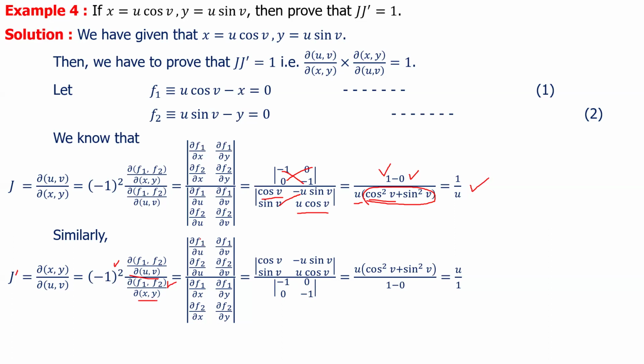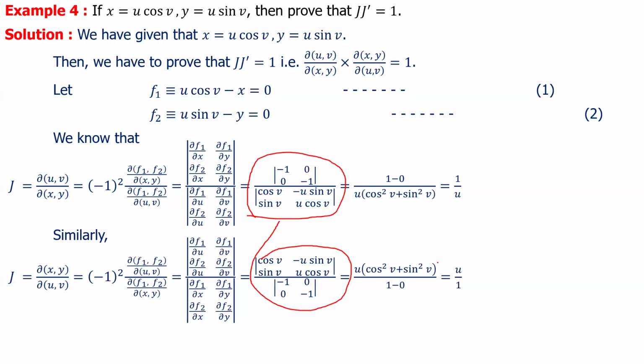And if we use the formula, determinant of del f1 del u, del f1 del v, del f2 del u, del f2 del v divided by determinant of del f1 del x, del f1 del y, del f2 del x, and del f2 del y. Now we have already calculated all these values in the previous example. We just have to reverse the numerator and denominator, and we have the same type of answer, only the numerator is replaced by the denominator. So it is u by 1.